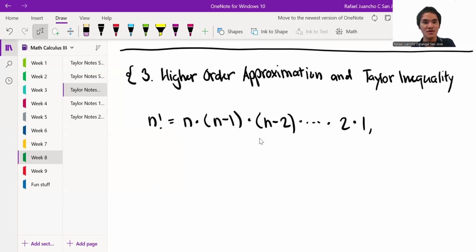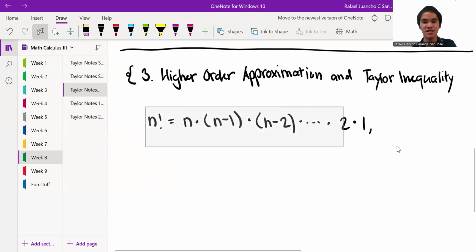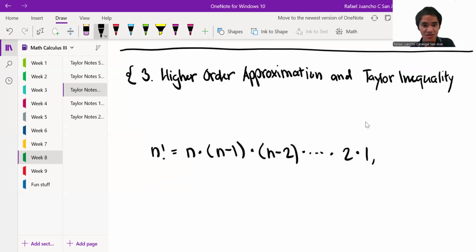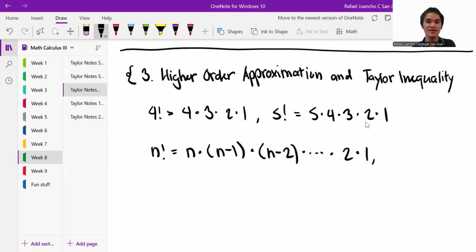right? So here we're going to introduce this idea of factorials. And I did kind of cover it in a bit, but the idea behind factorials is, let's say we have a 4 factorial. This is 4 times 3 times 2 times 1. We have 5 factorial. This is 5 times 4 times 3 times 2 times 1. And that's going to give us a sum total.